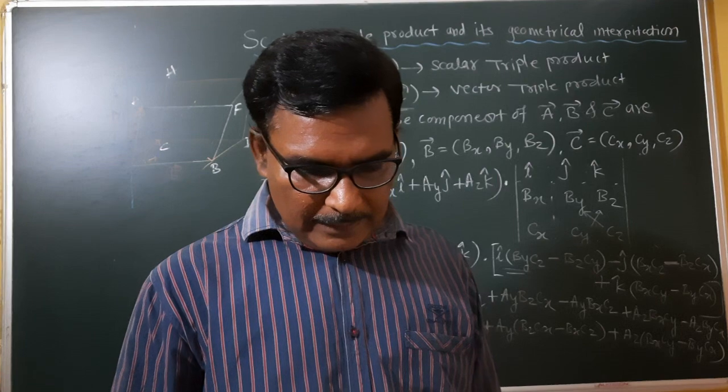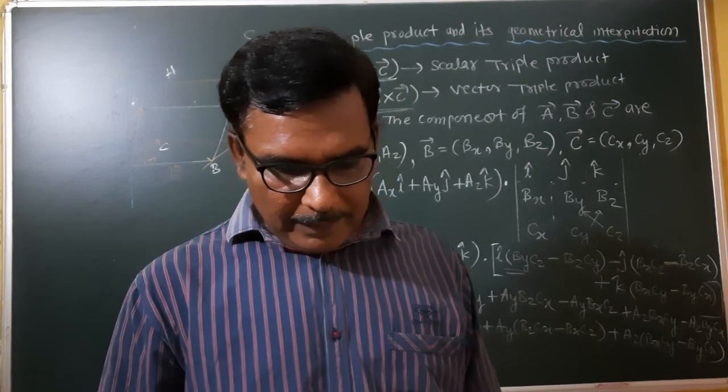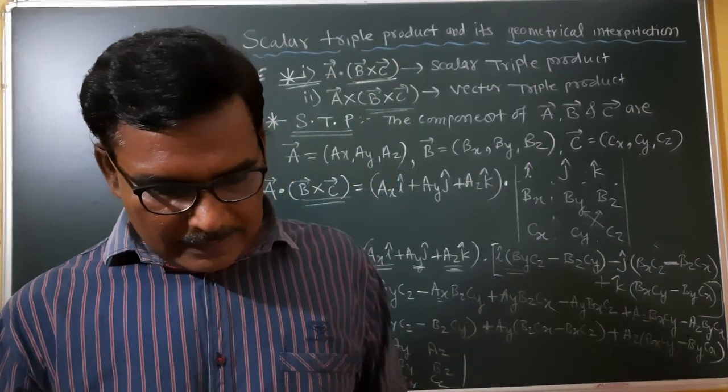The scalar triple product of the vectors can be written in terms of the determinant.